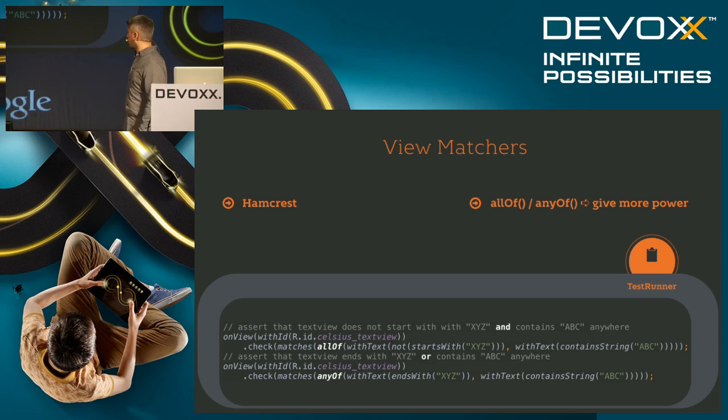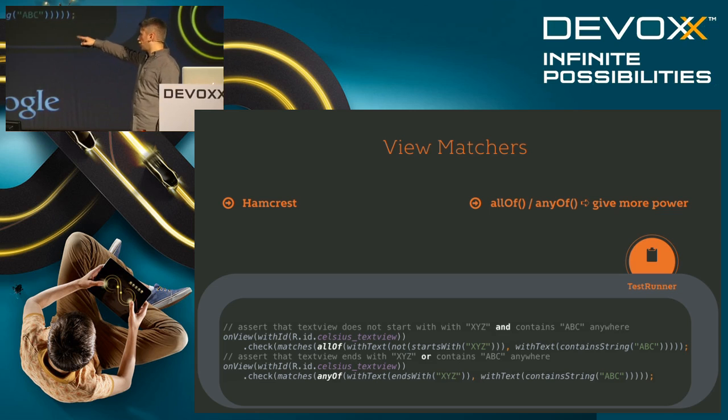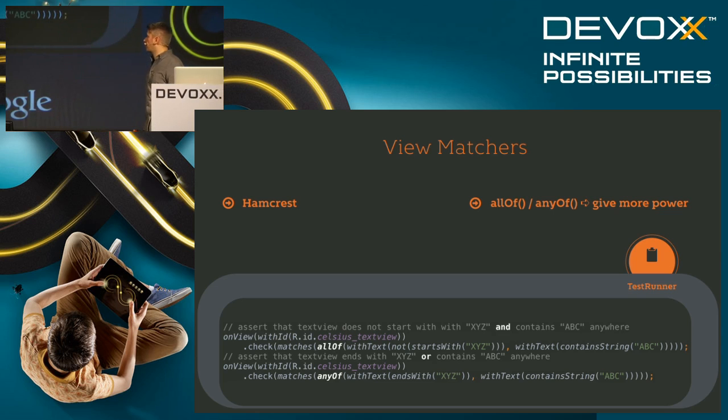Still, for a requirement like this, it's quite easy to set up and it reads quite nicely. On a certain view, you check that I match allOf, and then I have my 2 matchers. Same, of course, if you want to have conditionals. I want to have a text field that ends with XYZ, or it should contain ABC somewhere in the text field.